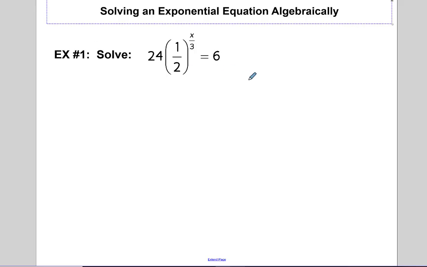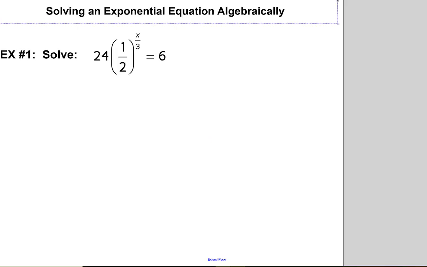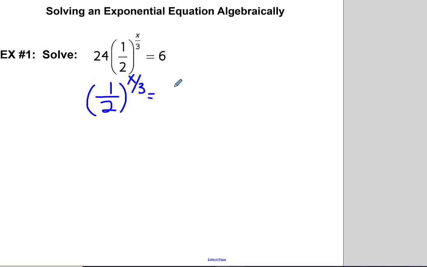So we'll start off here with an exponential function, and I want to divide by 24 first of all. So 6 divides 24 4 times, and then my trick would be to rewrite 1/4 as a power where the base is a half.